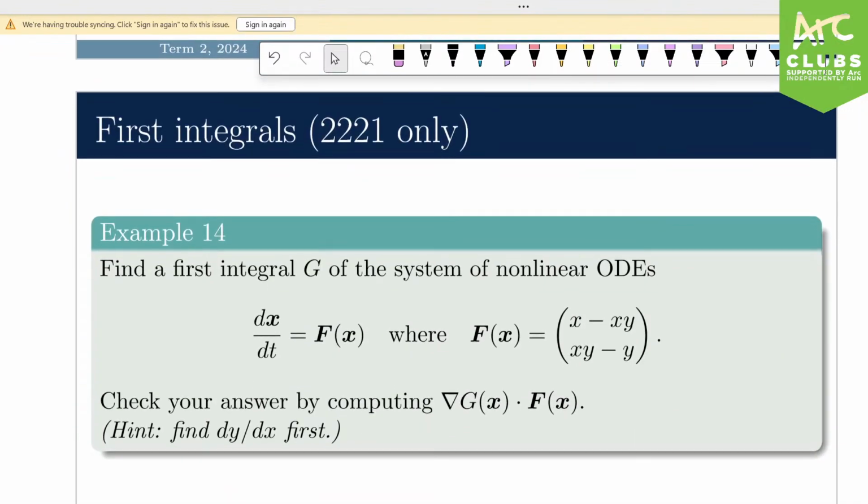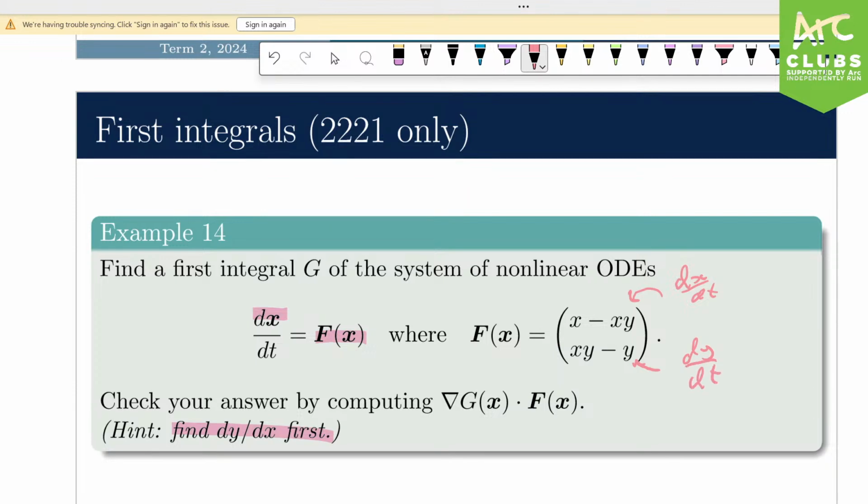Here's a really helpful hint: we want to find dy/dx first. If we notice that this here is the derivative of x, this is really our dx/dt, and this is really our dy/dt.